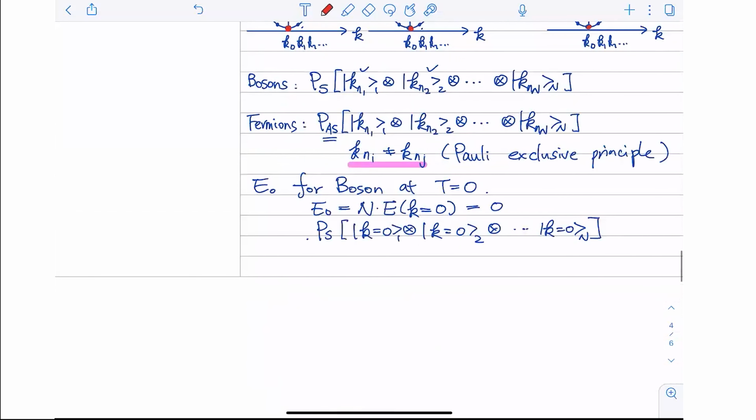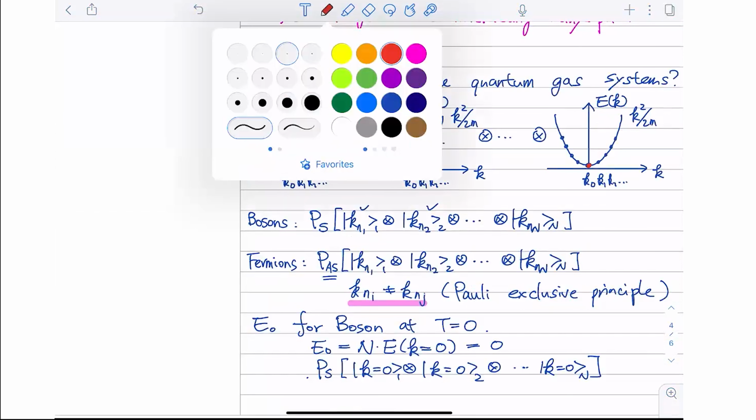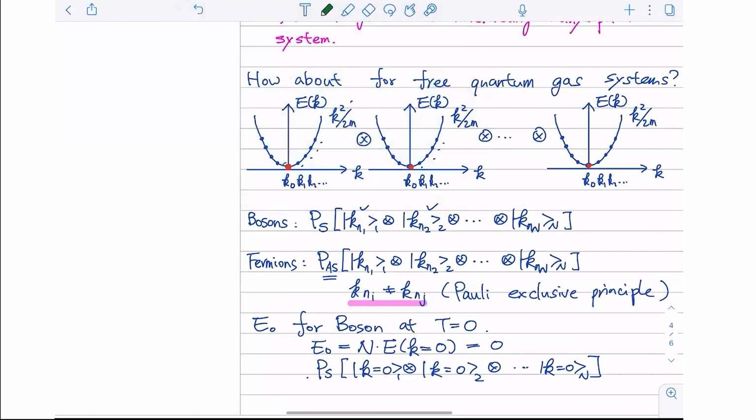So to some extent, for fermions, the idea is like once you occupy this one, you can only occupy the rest in some other different fashion.